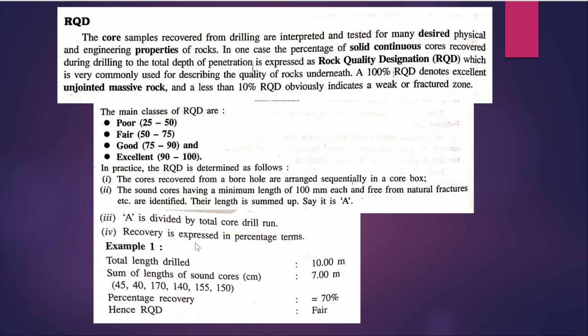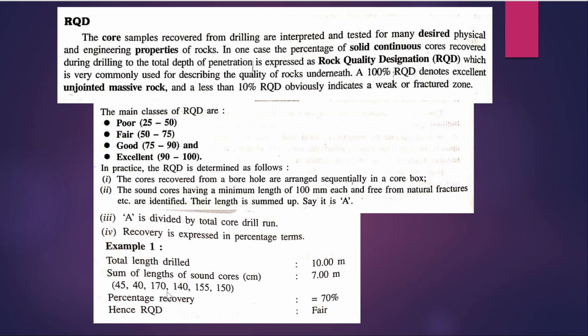So in example 1, total length drilled, sum of lengths of sound cores. Sound cores means cores without any fractures. Total length drilled is 10 meter and the sum of length of sound cores, in centimeters, we have 45, 40, 170, 140, 155 and 150. So these are all lengths of solid cores, that is continuous cores in each layer.